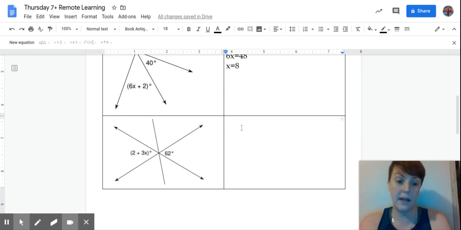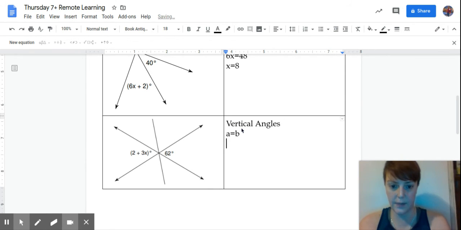And we know that vertical angles are congruent to each other. What that means is that these two angles have the same measure, that their measures are equal to each other, and so this would be like A equals B.